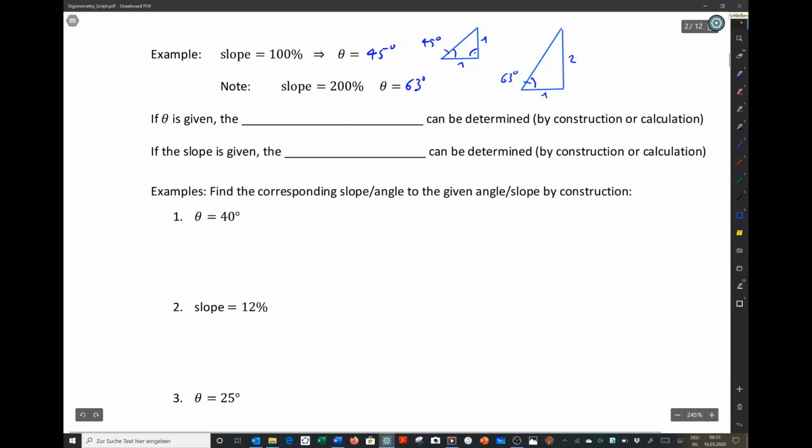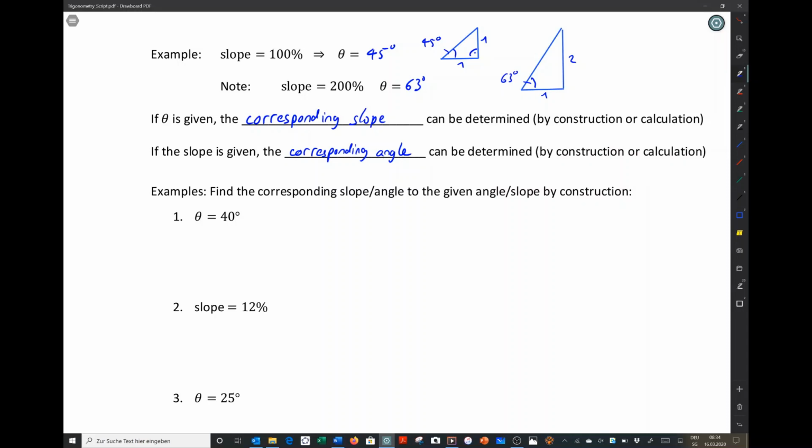If the angle here was 90 degrees, as you may have thought, then the slope would be infinity, because we would have here an infinitely high side. From these examples, we see that if the angle is given, I can find the slope by construction, and also, as we have done here, if the slope is given, I can find the angle by construction.